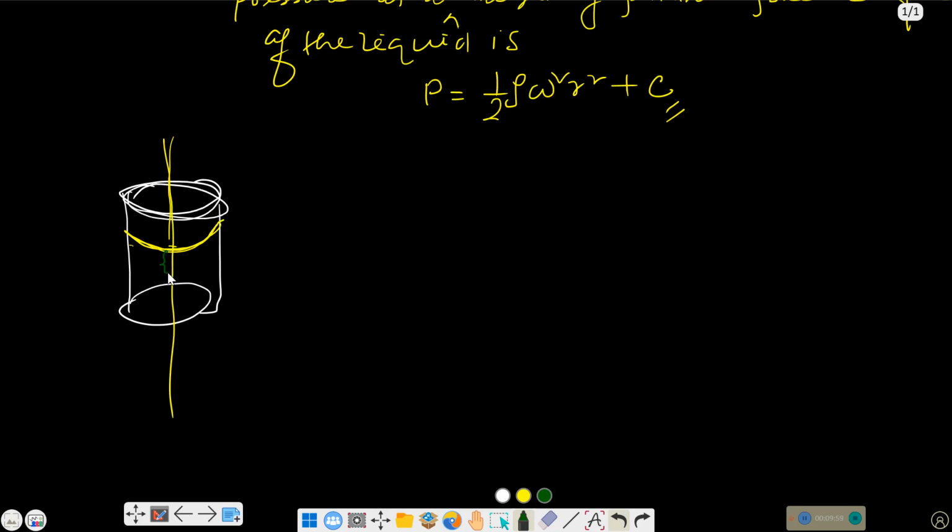At r equal to 0 we have pressure P, and it is at a height h. So from Pascal's law, if the pressure at the free surface, which is exposed to the atmosphere, is P naught, then the pressure at r equal to 0 is P equal to P naught plus rho g h from Pascal's law.